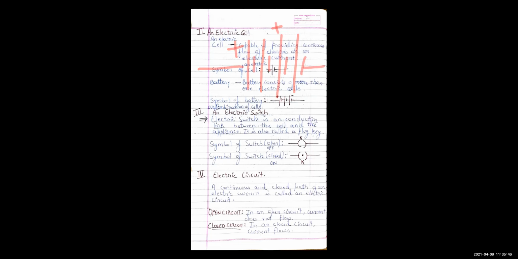So what is a battery? It is just the combination of cells. And the cell provides energy, or a continuous flow of electric charges or electric current, right children?